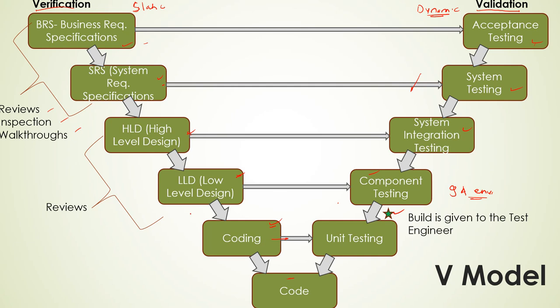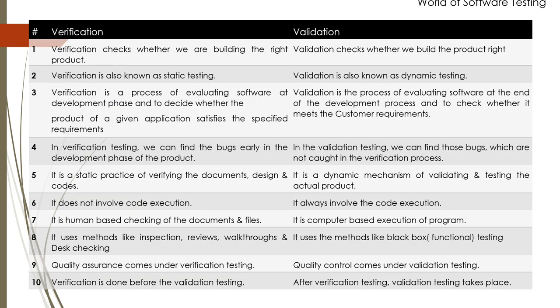So this is the basic idea of the V model. Again, if you want to have an idea in detail on the V model, you can go to the playlist and watch all the videos on the SDLC process models. So let's go back and see the differences one by one.